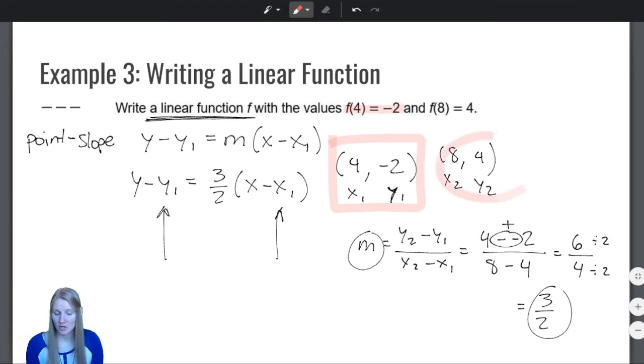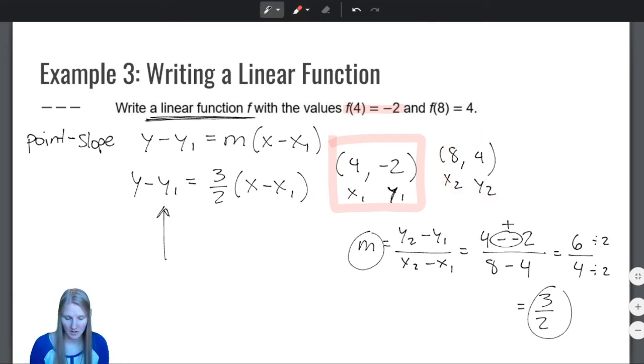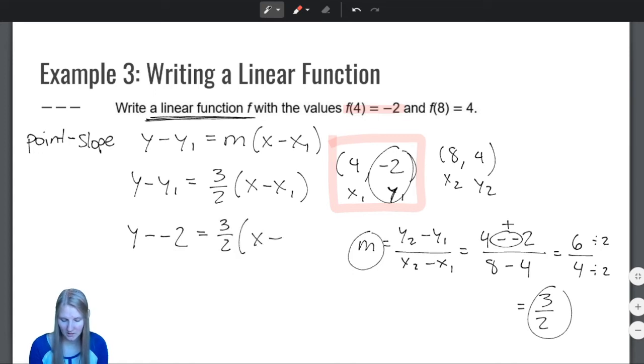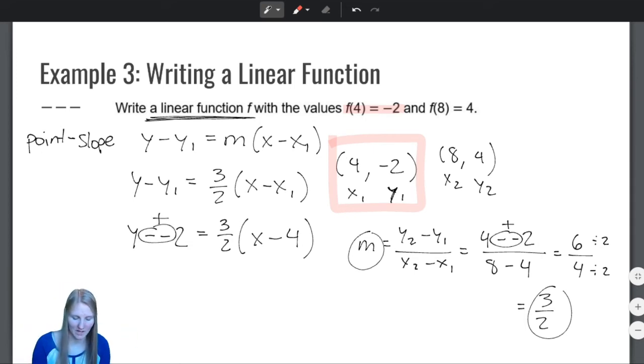But remember that you can also use the second point and it'll work just fine. So we have y minus y1, which is -2, equals 3/2 times x minus x1, which is 4. And minus a negative comes together, becomes positive, so let's change that to y plus 2.